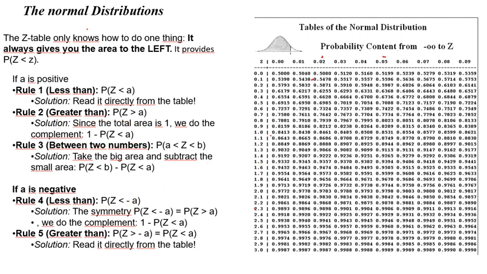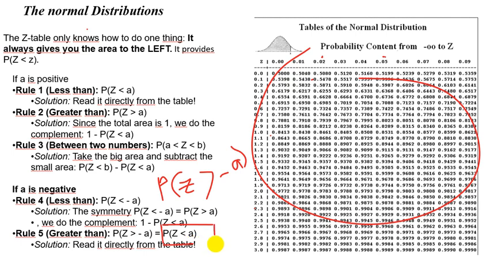And the last case, when we have greater than and a negative. In this case, we can read it directly in the table in the same way we did with P of z less than a, because when we convert this, we simply switch this to z less, and we reverse the sign of minus, it becomes positive.